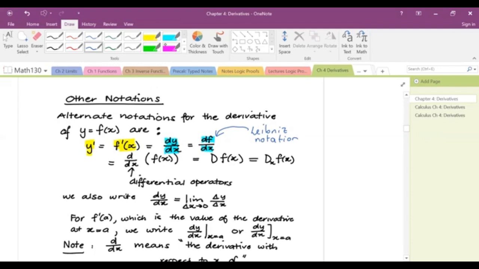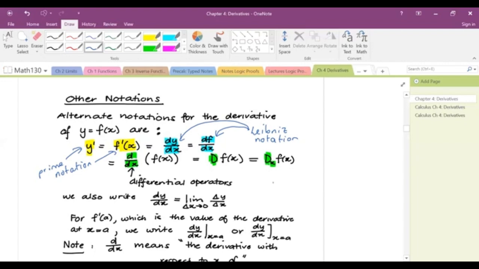So d by dx, I'm looking here at this one, d by dx of f of x, also d of f of x, and if we want to specify the variable, which we do if there's more than one, d subscript x of f of x. Let me just label this prime notation. And these are both examples of Leibniz notation.